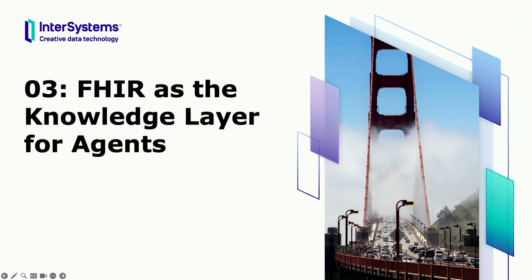So let's now return from the general agent discussion to the healthcare data layer. Here, the idea is that FHIR becomes the structured substrate the agent can reason over. Instead of asking the model to infer structure from text, we ask it to work with well-defined FHIR resources and FHIR relationships.